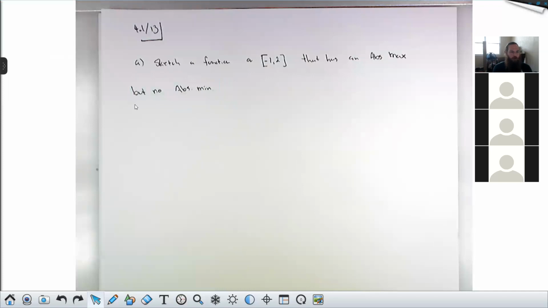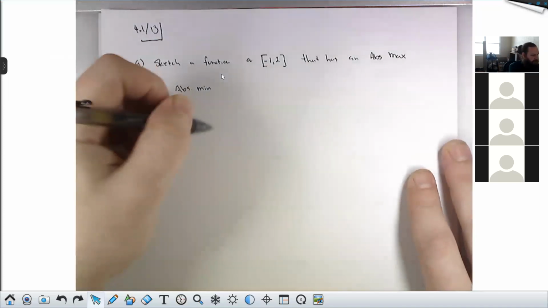The theorem that we appear to contradict here is the extreme value theorem. And for precisely the reason that Julio said, if I had a continuous function on a closed bounded interval, then it must have both an absolute min and an absolute max. But here they said they don't want it to have an absolute min. So in order to avoid contradicting the extreme value theorem, like Jonathan said, we have to be drawing a function that's not continuous. Okay, let's see if we can do this.